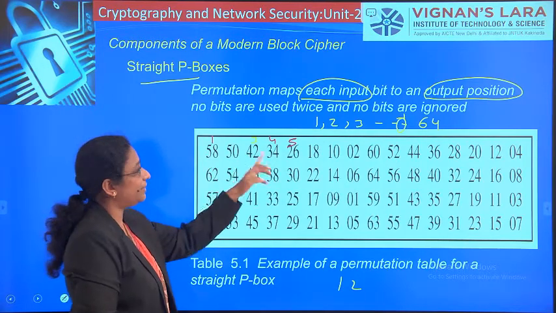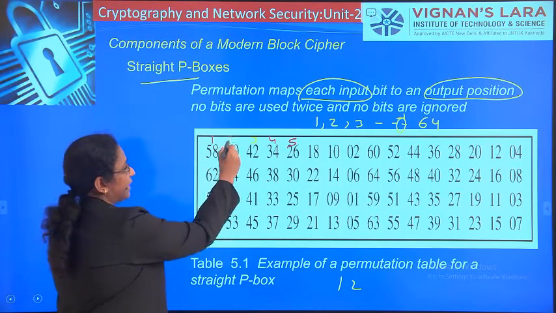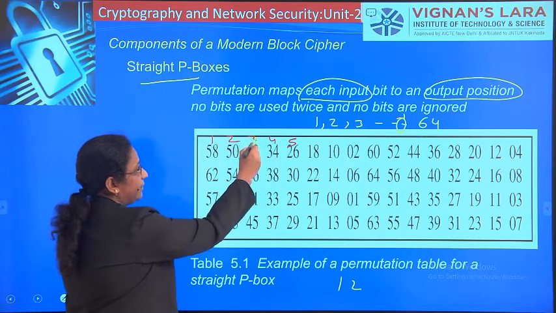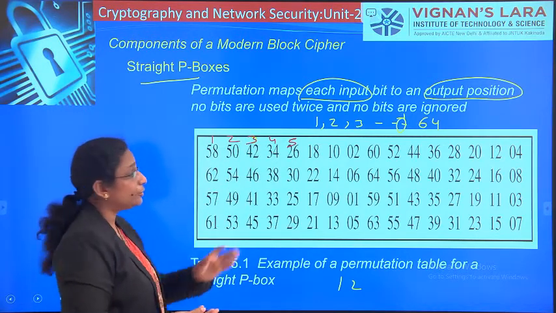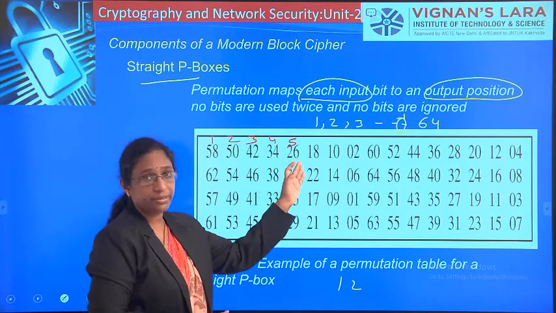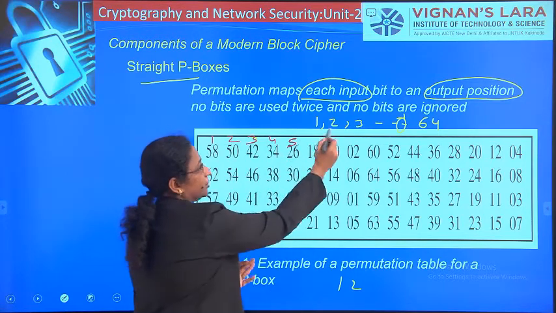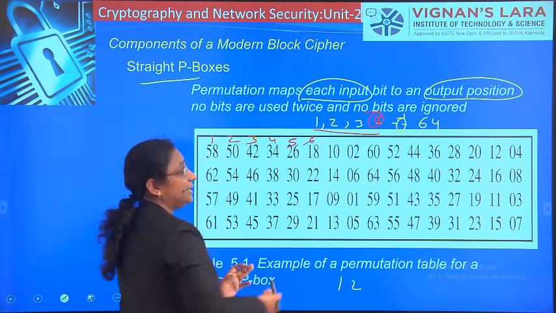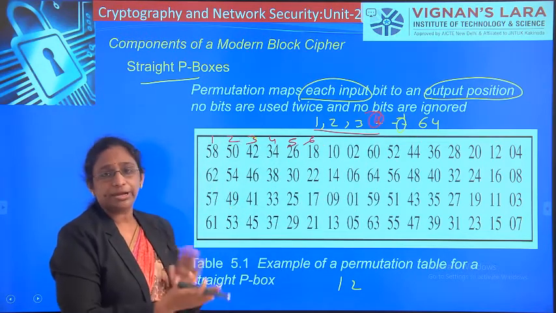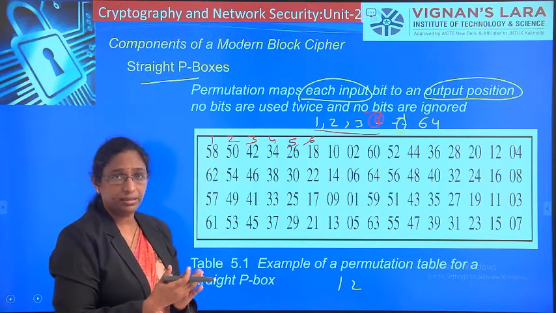Similarly, the 50th bit will be your second bit, the 42nd bit will be your third bit, the 34th bit your fourth bit, and the 26th bit your fifth bit. The 18th bit will become the 6th bit. In that way you will be doing the shuffling.